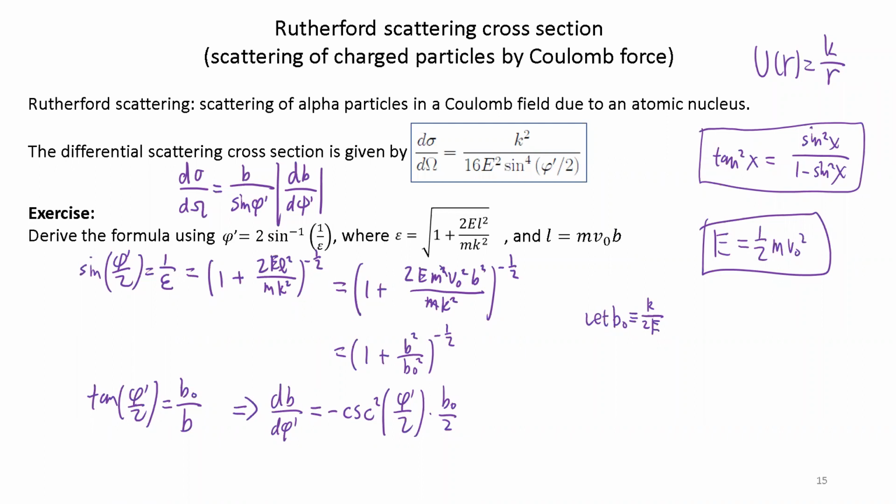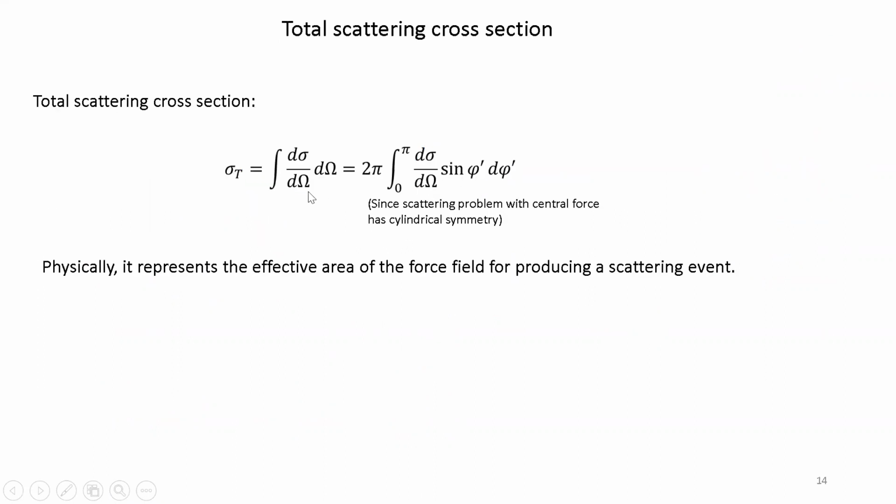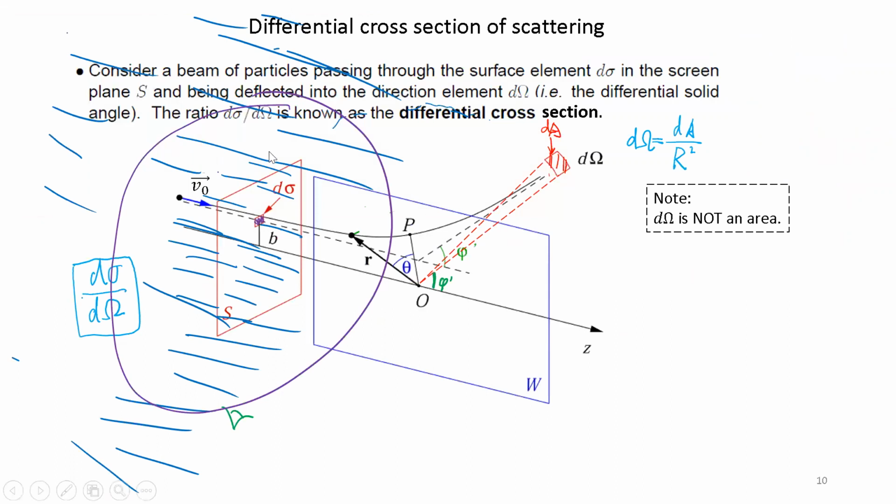One last remark: if you go ahead and use this formula to find the total scattering cross-section, you actually get an infinite result if you do the integral. What does it mean? The total scattering cross-section is this: imagine you have a shower of particles and you keep increasing the area of your shower. It tells how much area in this shower will experience scattering.